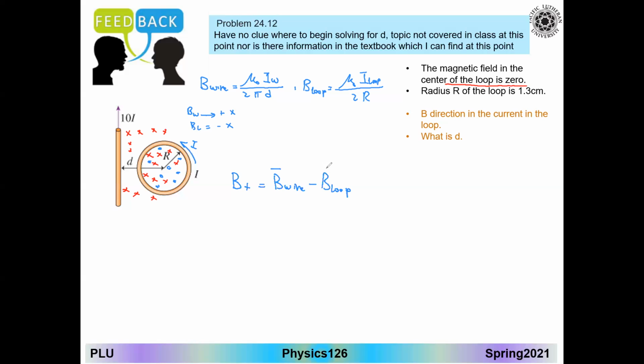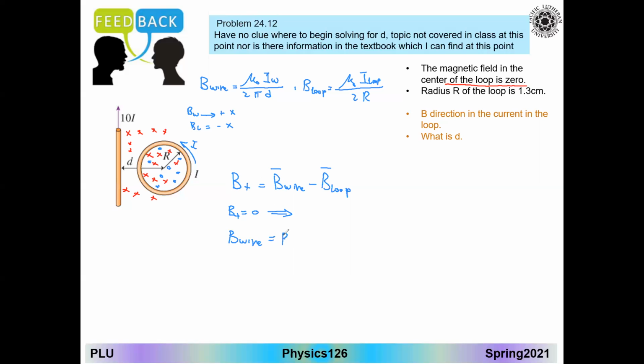The condition here is that the vectors sum to zero, giving the total magnetic field equal to 0. That means B total equals 0.